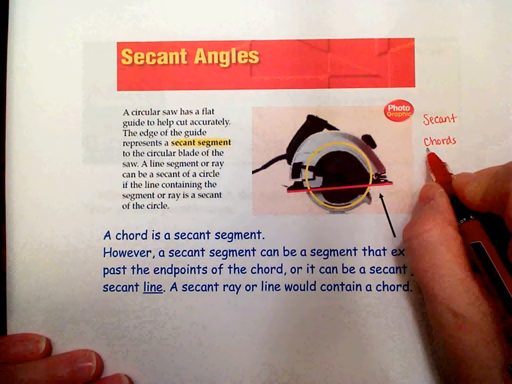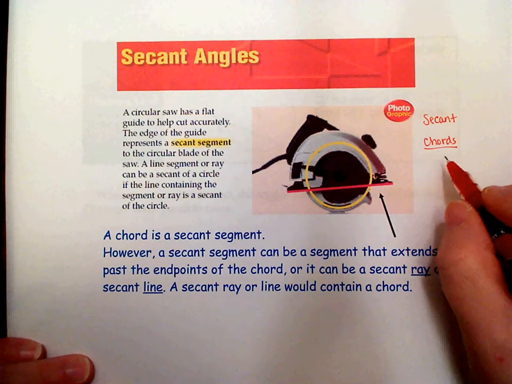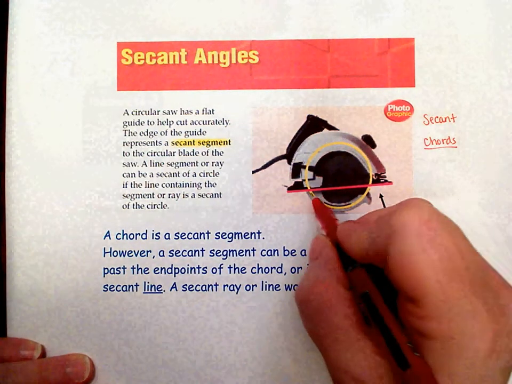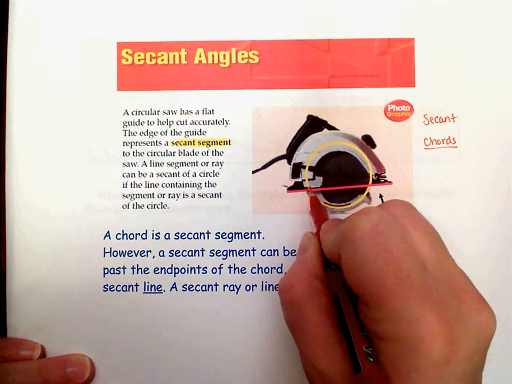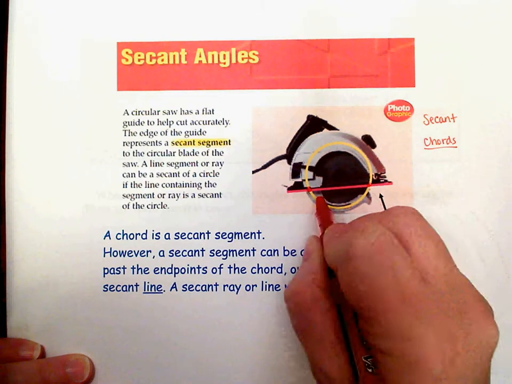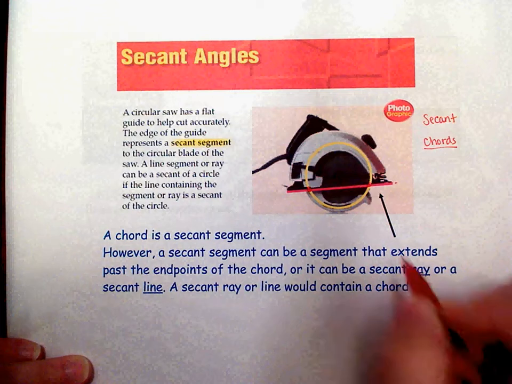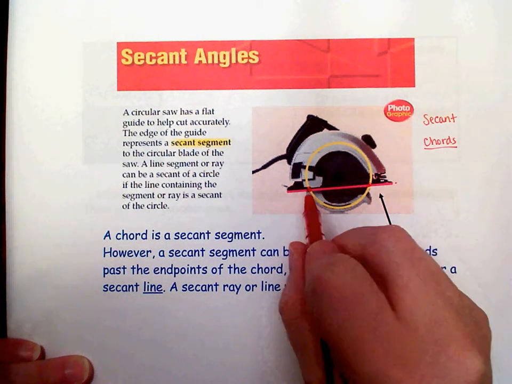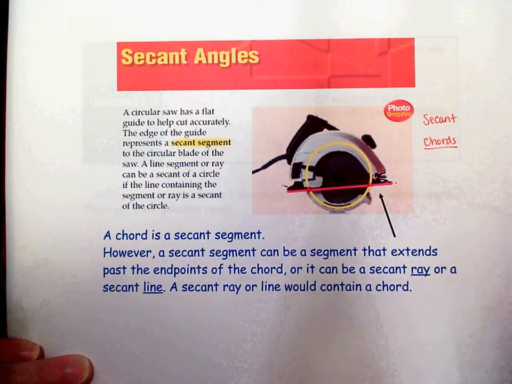To be a chord, you have to have a segment, and the endpoints of that segment have to be on the circle. So you see this line going through the circle here. If that segment started at this point and ended at this point, then it would be a chord. But it's extending past those 2 points, so it's no longer a chord. It contains a chord, this part of it is a chord, but the whole segment itself is not a chord.